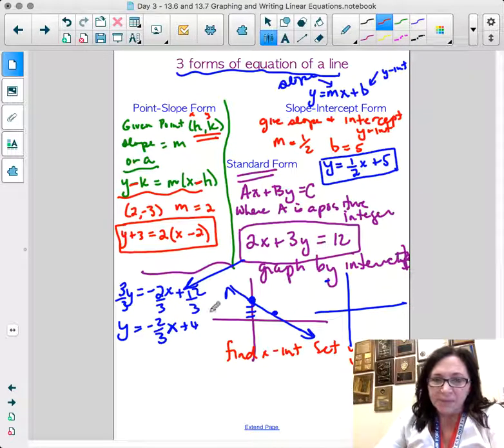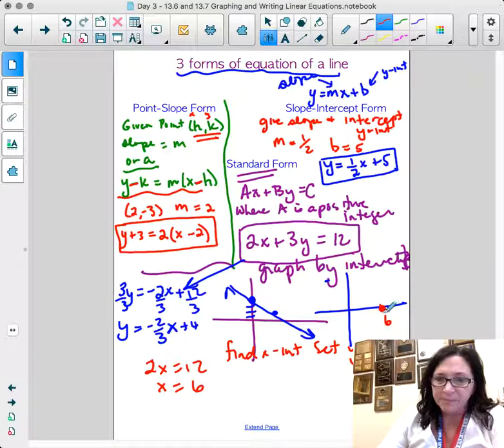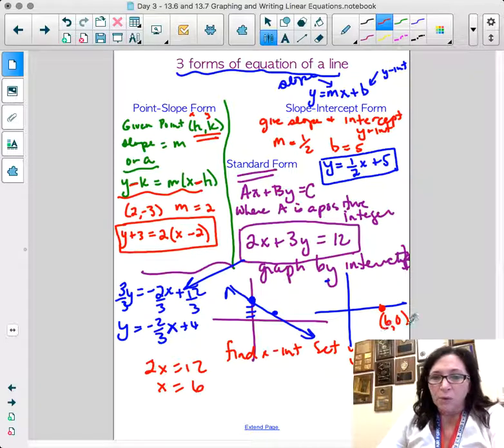So at (6, 0), that's an intercept. Notice that y is 0, finding the x-intercept.